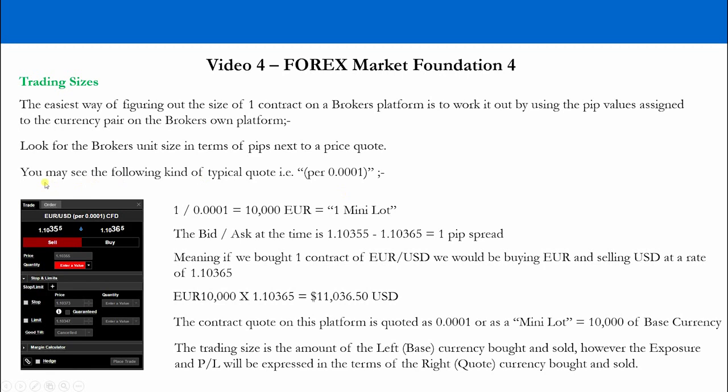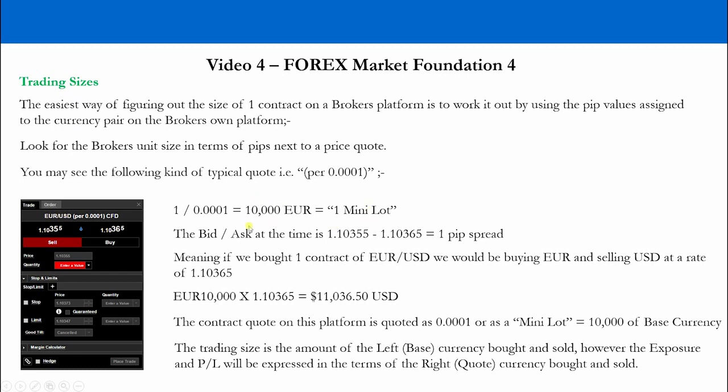So you might see the following kind of quote here, where it says EUR/USD per 0.0001 CFD. And what you do is you divide 1 by this value, and this gives you 10,000 in the base currency.